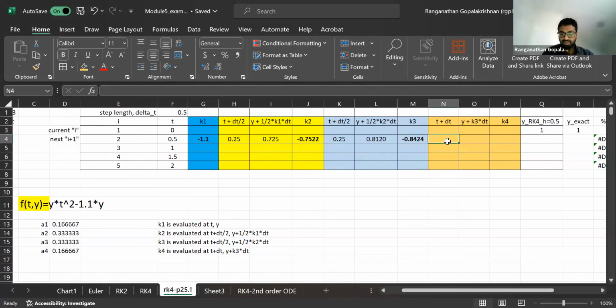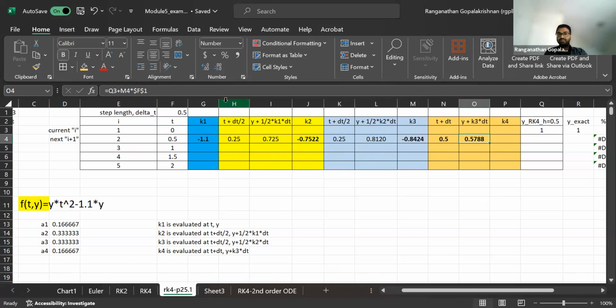So t plus dt is easy. That's just the time in the current step plus the step length, and then lock it. And then y value is y from the current step plus K3, whatever that is, times dt, and then lock it. 0.5788.